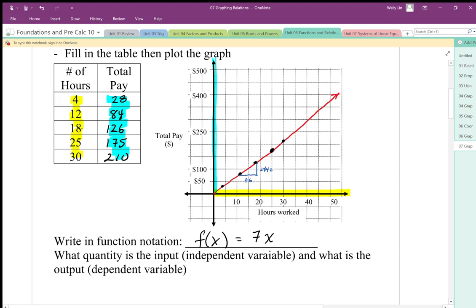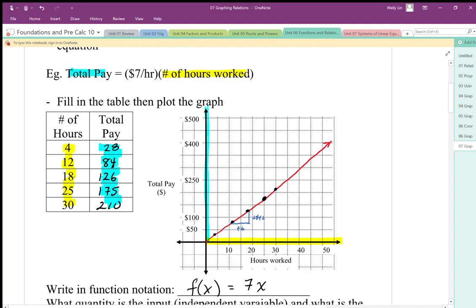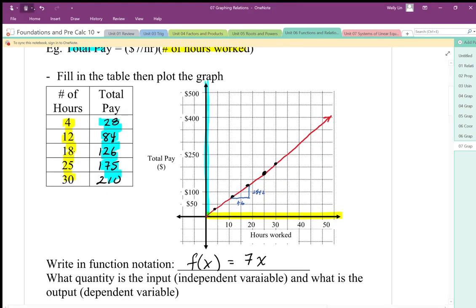So that is going to be our equation. In fact, if we just switch this to y and x, that's y equals 7 times x. And again, I'm just going to highlight here: f of x is our output, and x is our input.